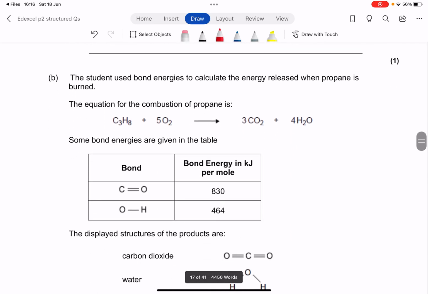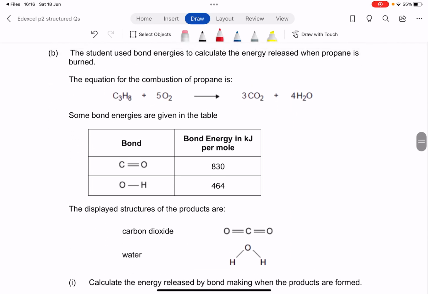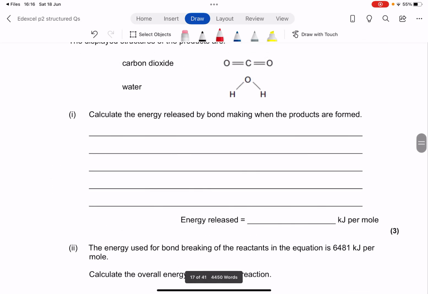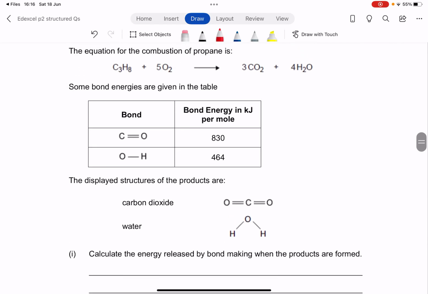And the last thing I just want to go over is a question of this nature where you have bonds broken and bonds formed. So using bonds broken and bonds formed to work out enthalpy change.